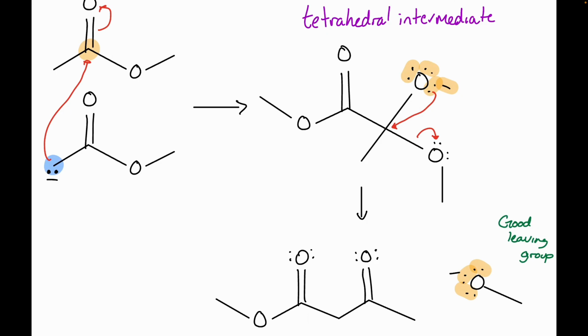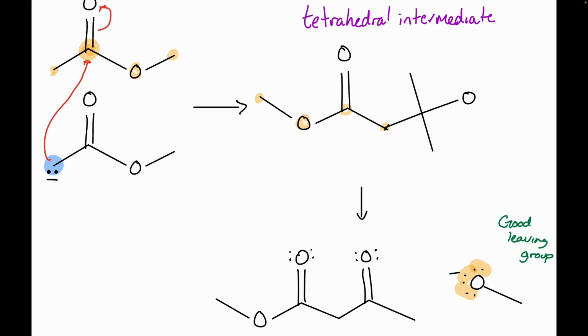So let's just count. 1, 2, 3, 4 from my original ester. 1, 2, 3, 4. Oh, yeah. I am missing a carbon. This now needs to be bound to this, which is my carbonyl carbon. Good catch.